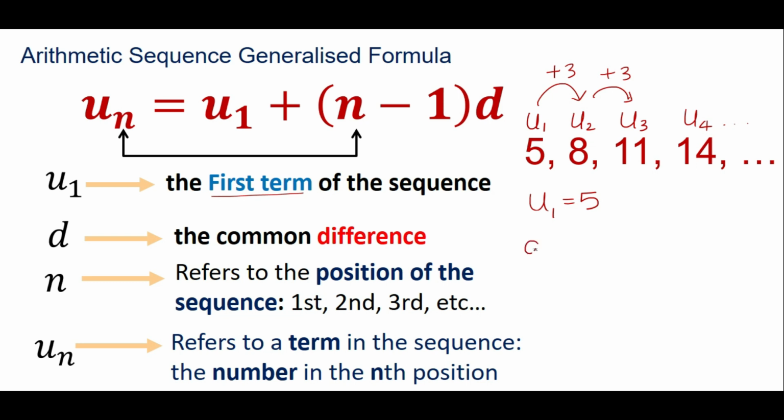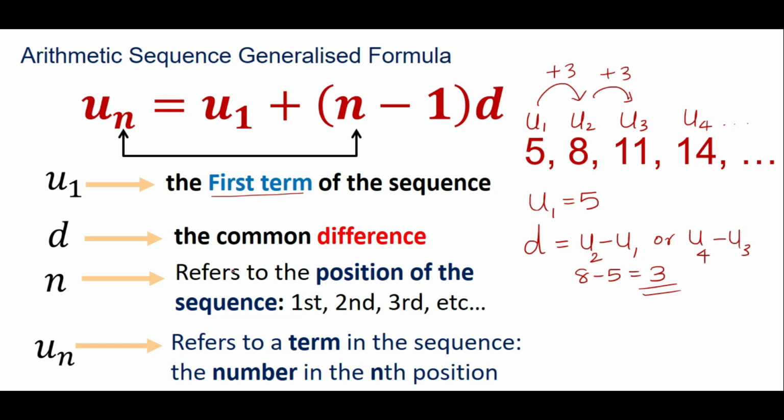And remember, d, the common difference, is calculated as u2 minus u1. Or you can calculate it as u4 minus u3 or u3 minus u2. So remember, don't do the reverse, don't do u1 minus u2. No, it's the second term minus the first term. So here 8 minus 5, which is 3.